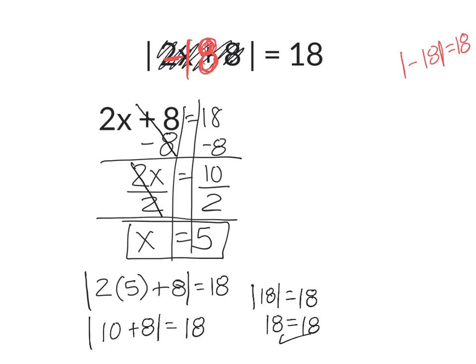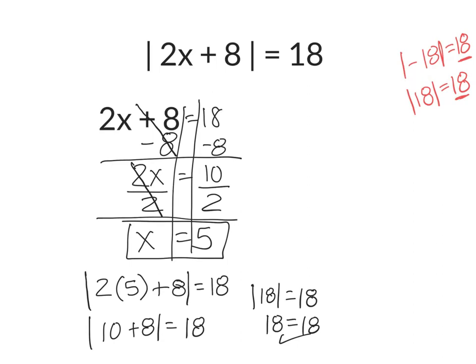So we have two scenarios that will equal the same number. Both the absolute value of negative 18 and positive 18 equal positive 18, the same answer.